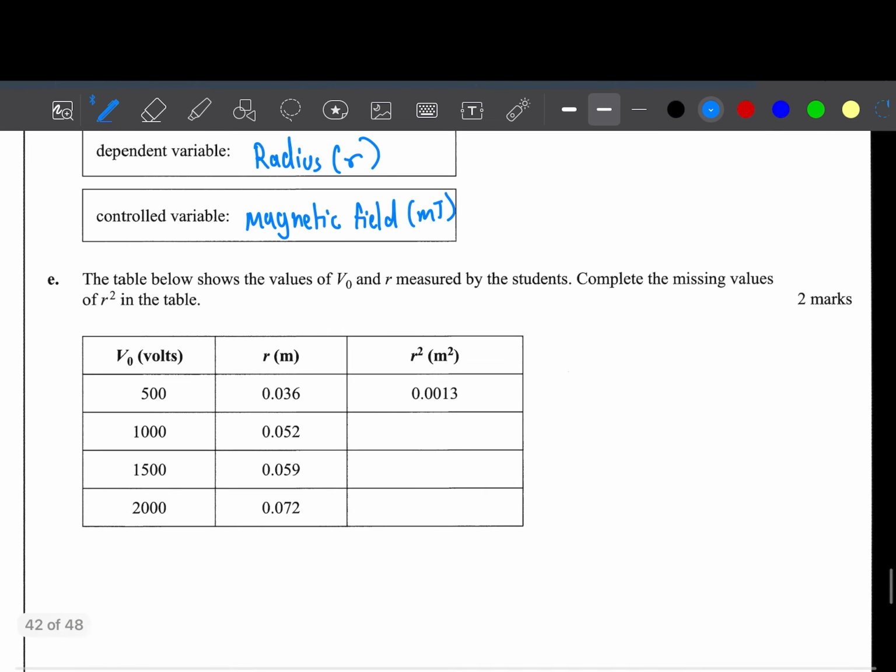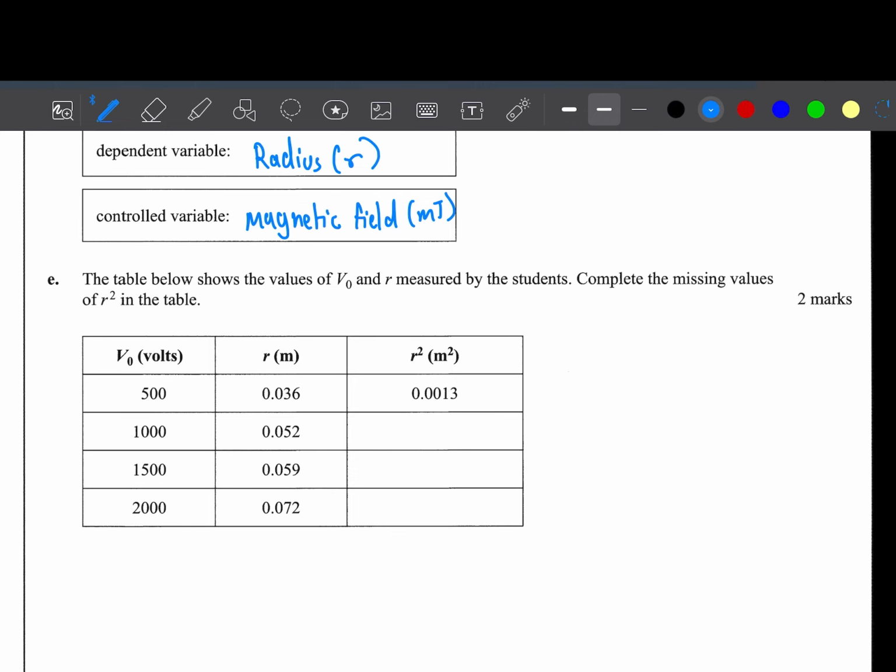The table below shows the values of V0 and r measured by the students. Complete the missing values of r squared in the table.